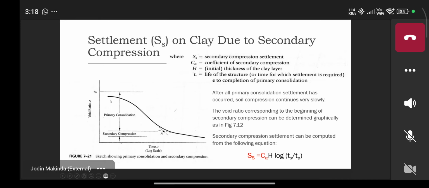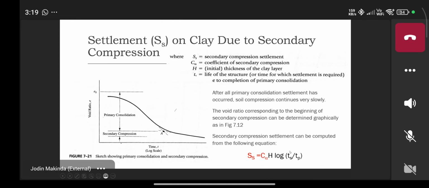At the same time, because the duration is almost close to infinity, when we study the secondary compression, we estimate or fix the time period.